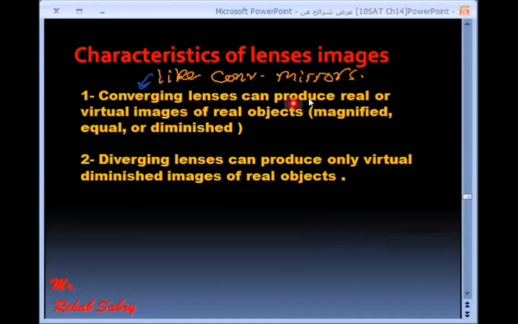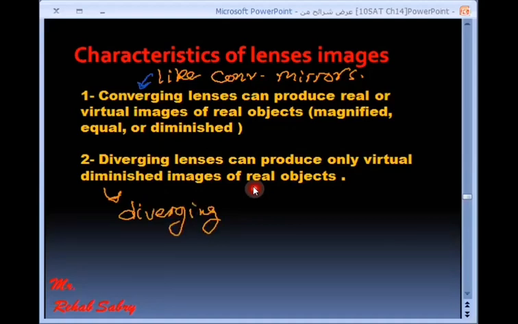So the converging lenses can produce a real or virtual image of real objects, as we explained in the mirrors. They may be magnified, equal, or diminished. The diverging lens can produce only virtual diminished images of real objects.